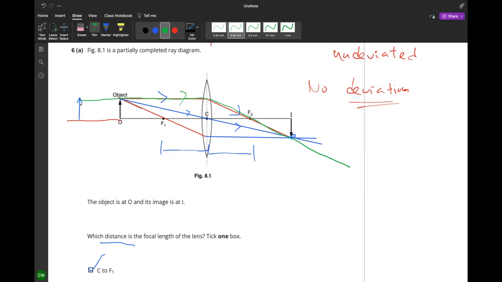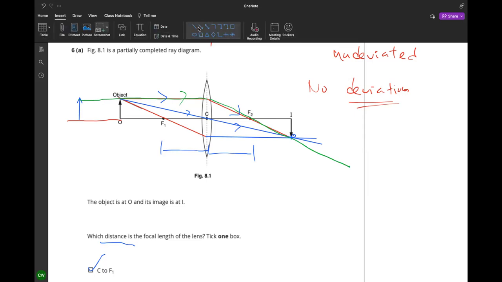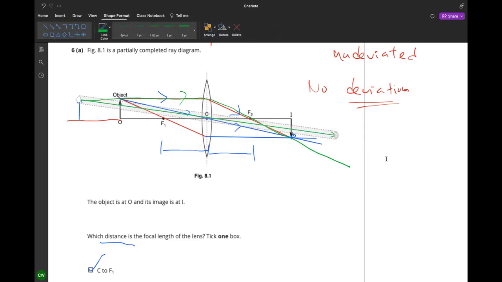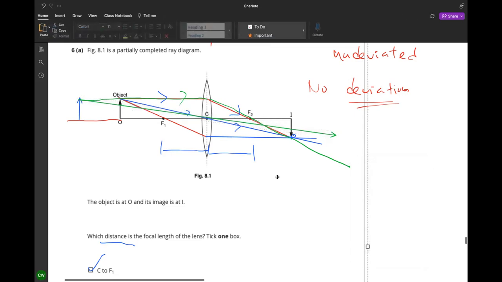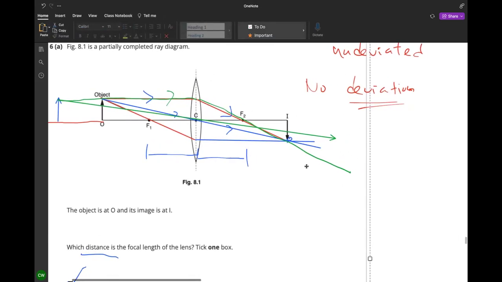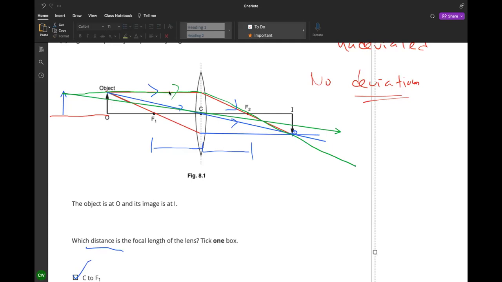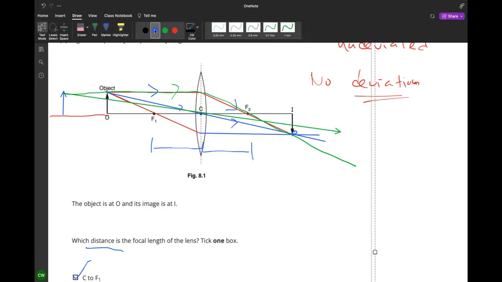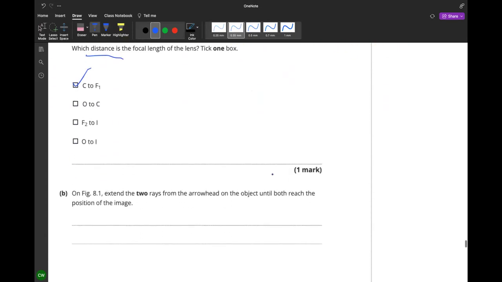What happened to the second one? Second one will be from here, go here. So where is the image now? First one, go here, go back, go to the same thing. Second one from here. Can you see that the image will be here? New image. Do you understand the question?